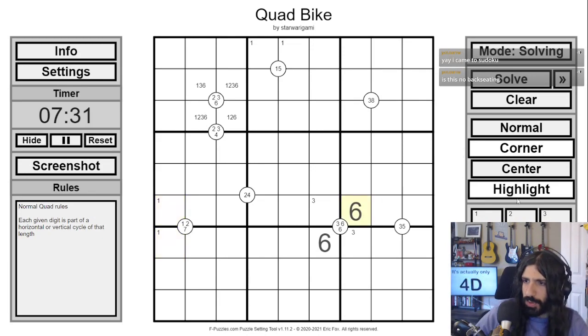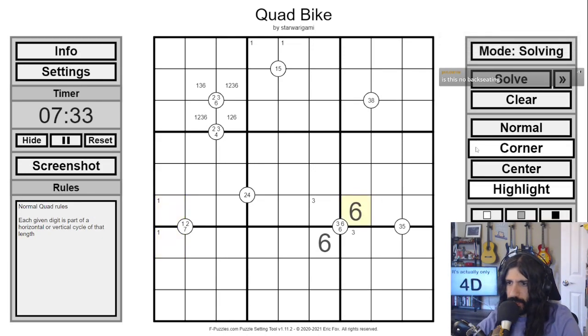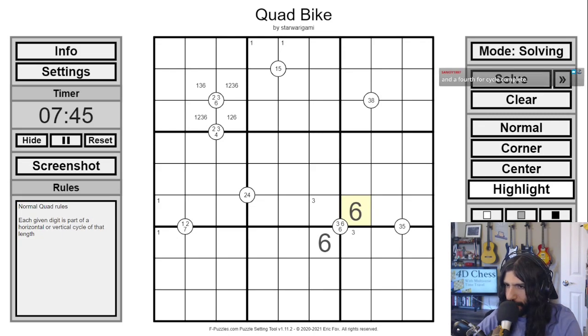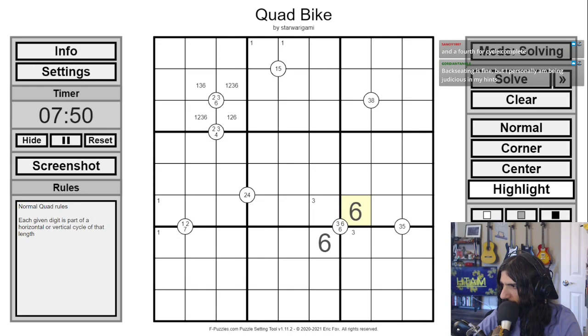So let's color horizontal cycle and vertical cycle. How do we pick? We pick arbitrarily. How about gray for undecided, red for horizontal cycle, and blue for vertical cycle, maybe?